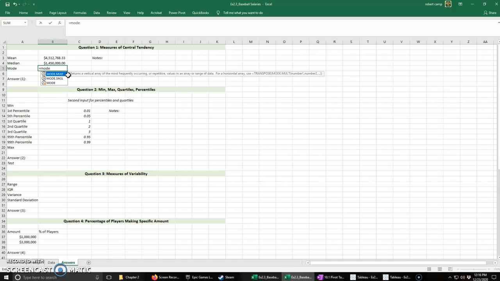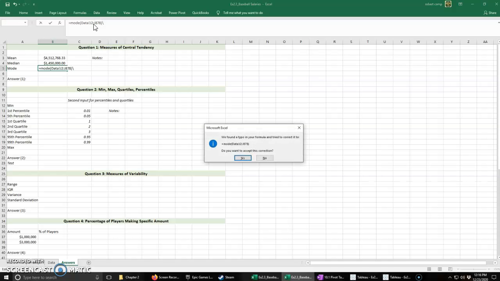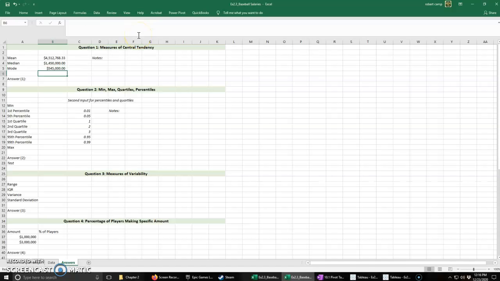So we're going to do the mode. And actually, here we go. Mode returns the most frequently occurring or repetitive value in the field. So that's our mode. We're just going to give it the data. And I accidentally fat-fingered that there, so we're going to get rid of that. And so the mode: 545,000 happens more often than any other one.